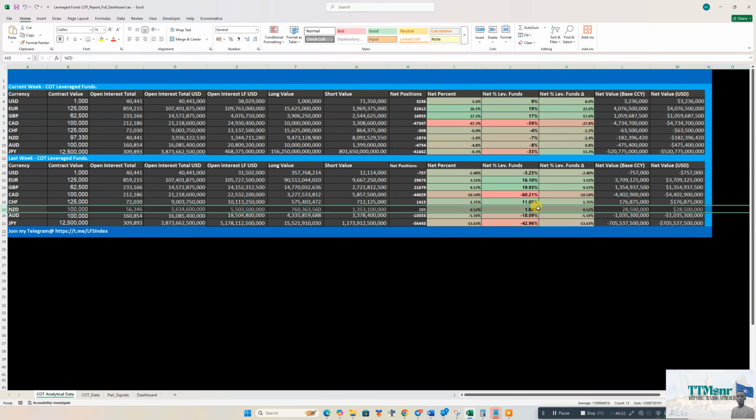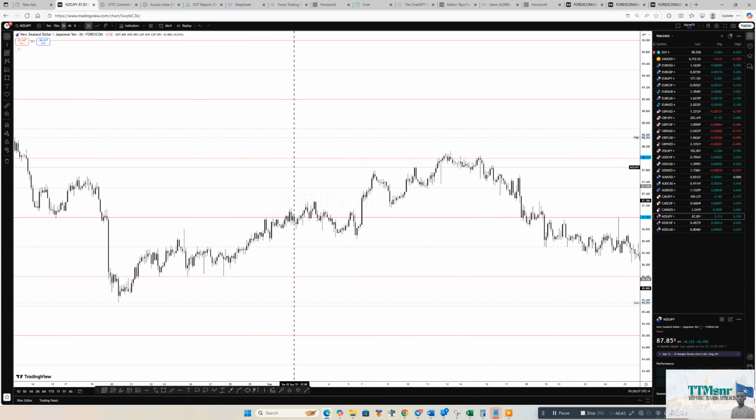So according to this week, NZD was positive while the JPY was negative. So if the currency on the chart is NZD first, it is the base currency, and JPY is the quote. So we are analyzing NZD, not the JPY.